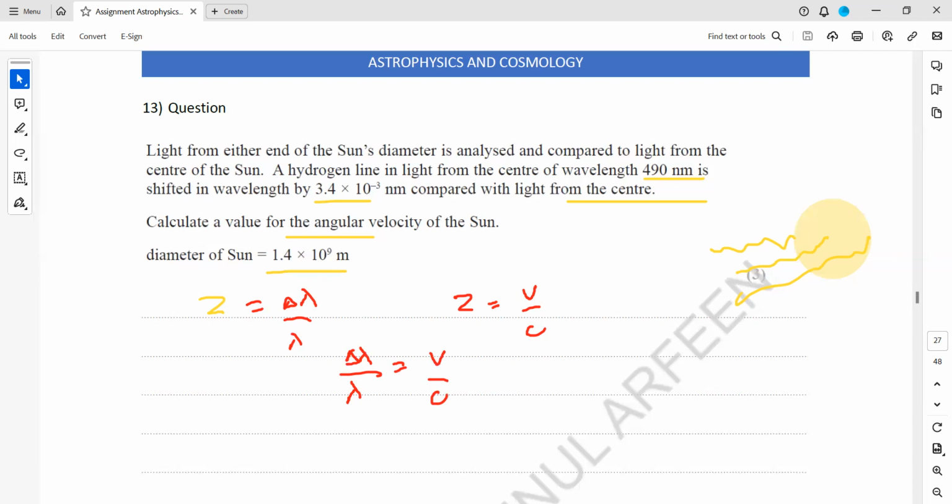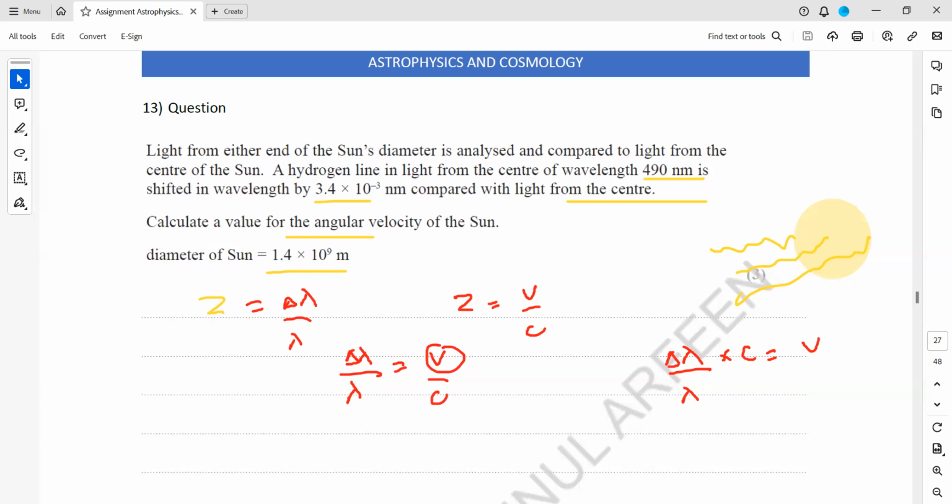When we substitute these values, first we determine the speed at which it is moving. So delta lambda divided by original wavelength multiplied by the speed of light will give us the speed at which it is moving, the linear speed.